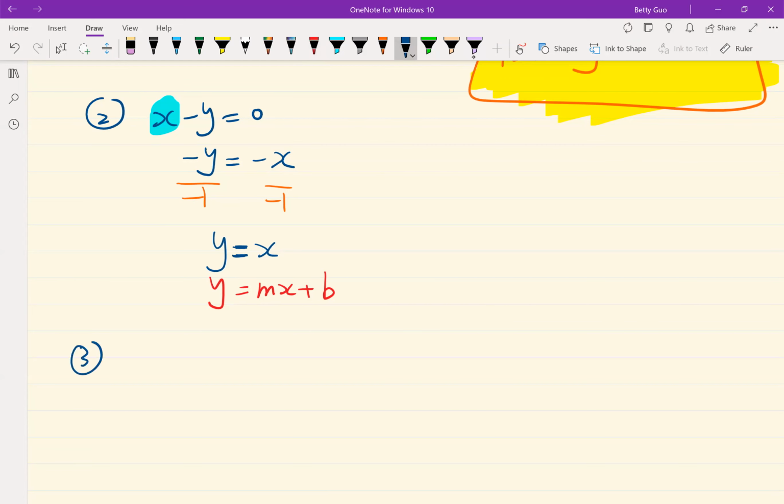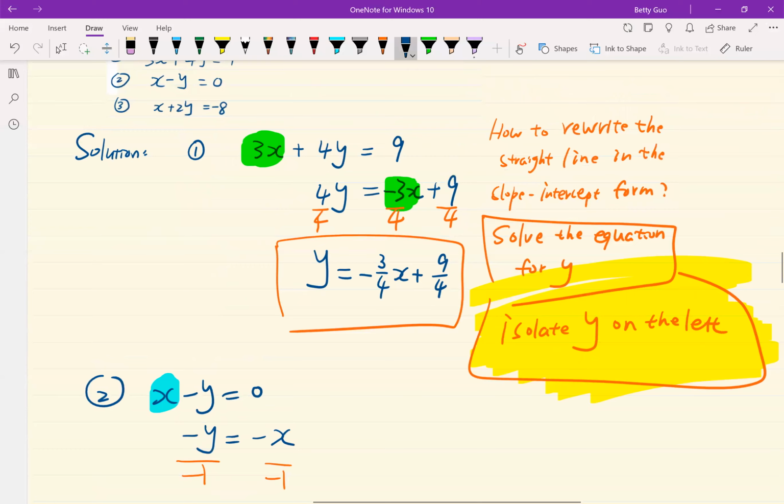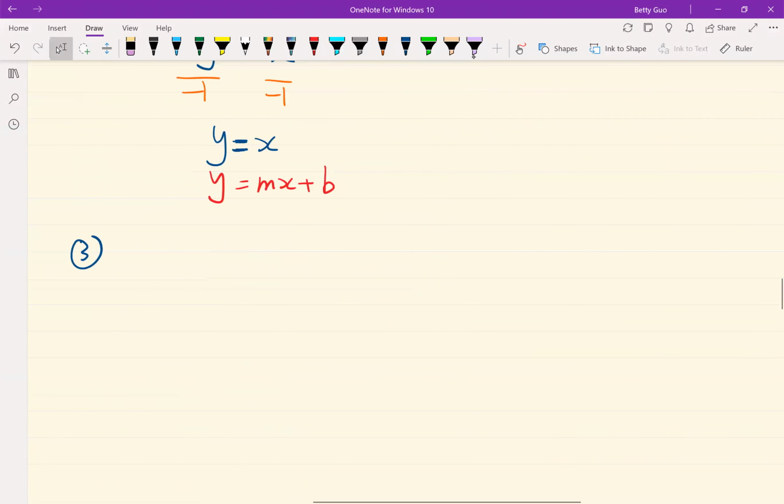Number 3. The equation is x plus 2y equals negative 8. Okay? The equation is in the standard form now. Convert the equation to the slope-intercept form, and identify the slope and the y-intercept. Take your time.